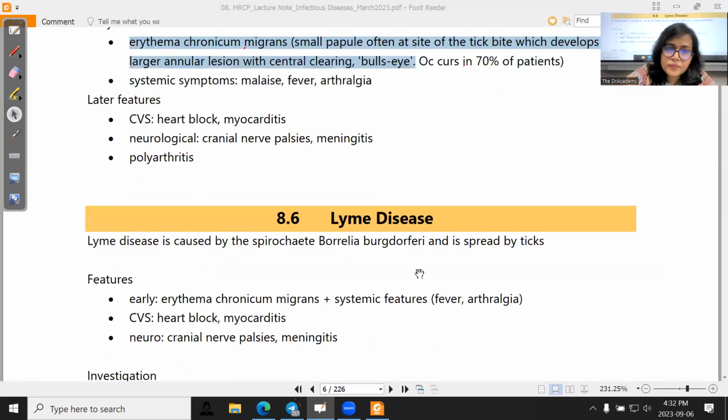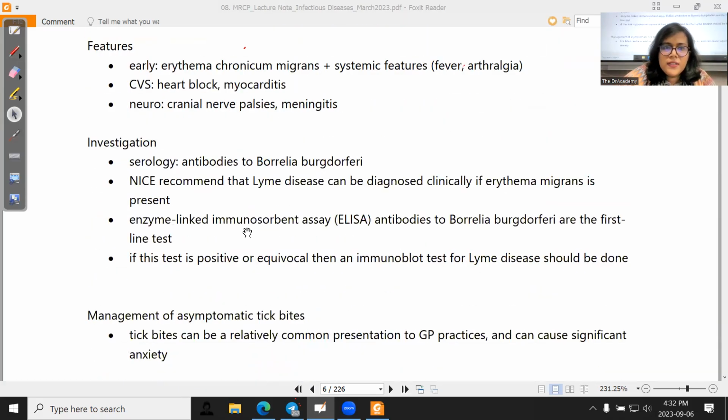Okay. So Lyme disease investigation is ELISA antibody, a serological test here as well. Remember, all these spirochete infections are sensitive organisms. They are not easily grown in the normal culture. So there is no role of blood culture, urine culture, all these things. What you should do is go for the serological antibody test. For syphilis, you go for the VDRL and TPHA.